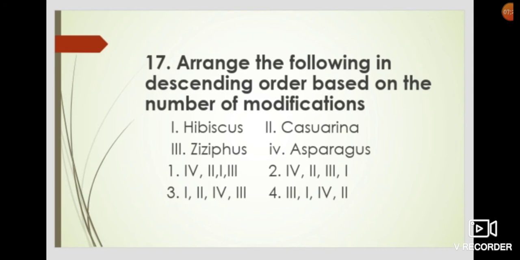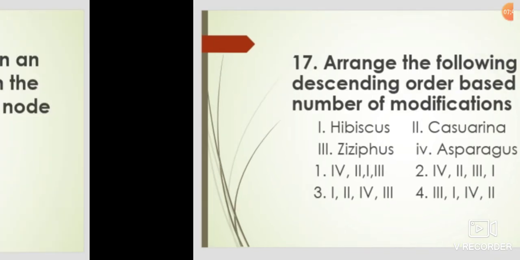Right answer is 2. 4, 2, 3, 1. That is asparagus, Casuarina, Ginkgo, hibiscus. Arrange the following in descending order based on the number of modifications. That is asparagus, Casuarina, Ginkgo, hibiscus.